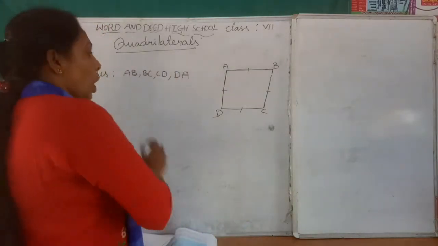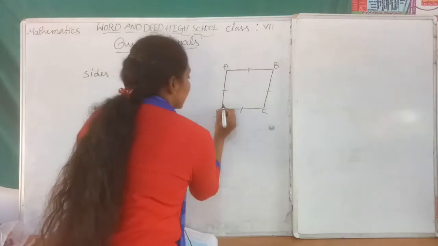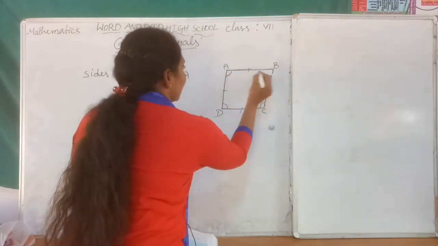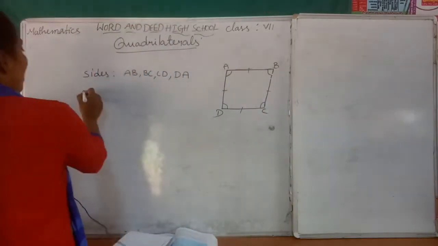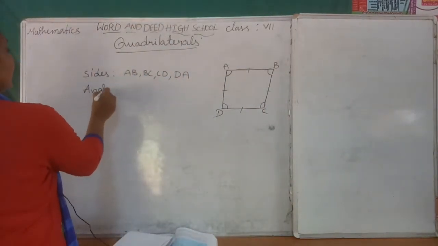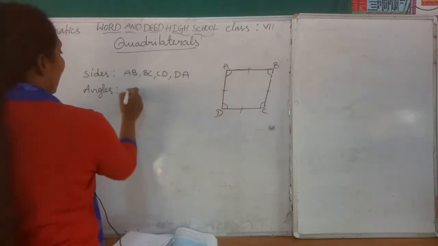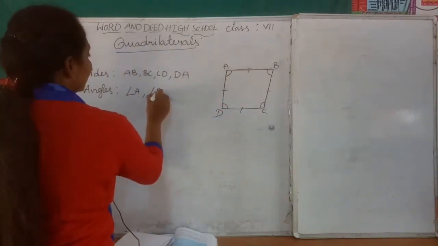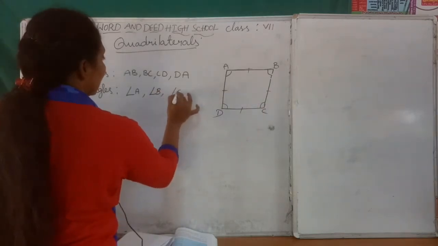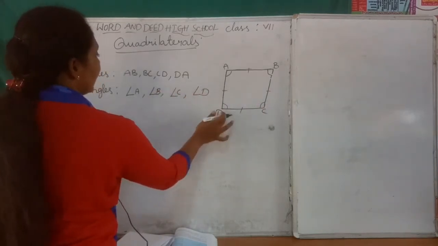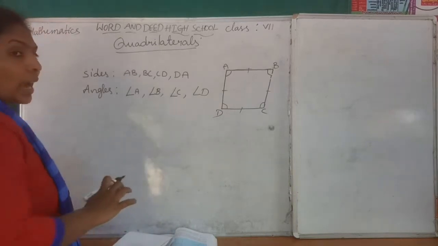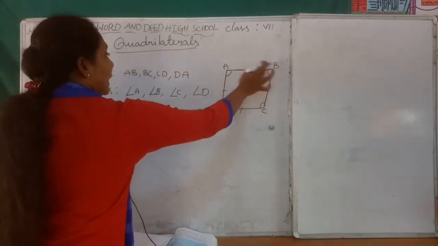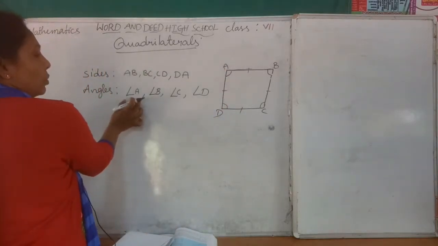Yes? Next, how many angles we have? See children. 4 angles. What are the angles? Angle A, angle B, angle C, angle D. How can you write these angles, children? Already we discussed, children. DAB or BAD. Angle A, how can you write?